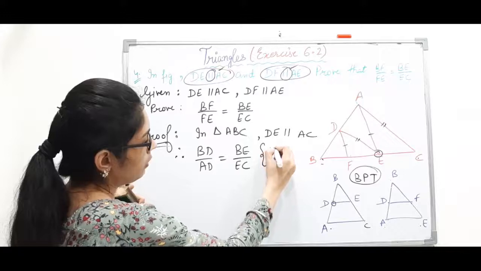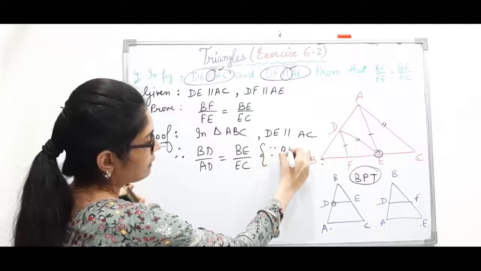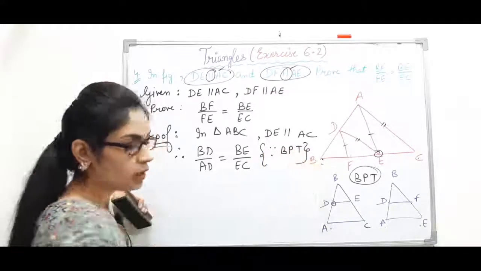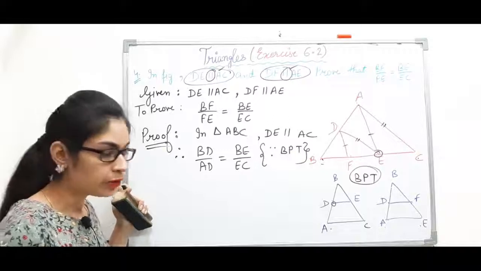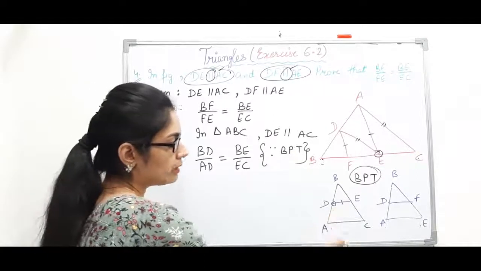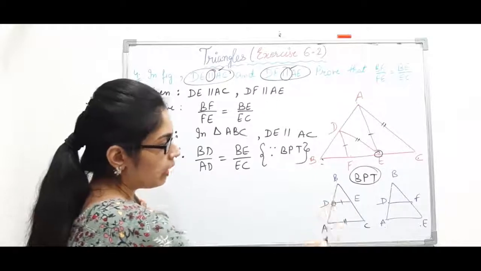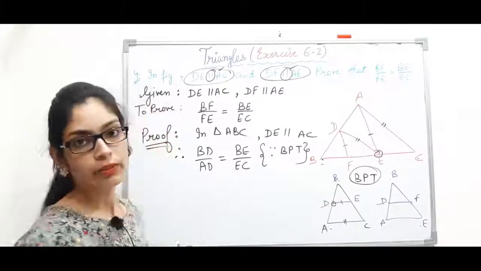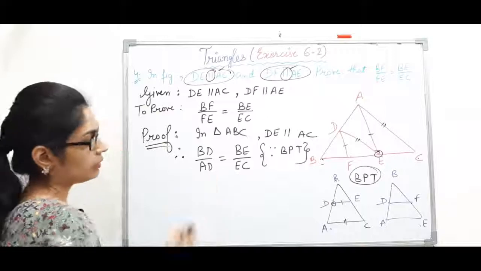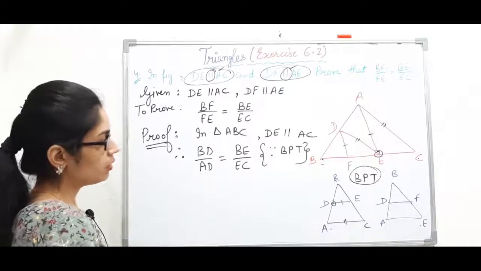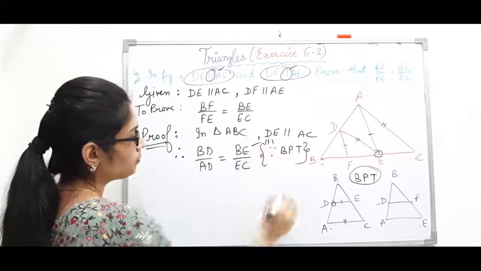Why are they equal? Because of the basic proportionality theorem. In the basic proportionality theorem, if this line is parallel to this, then this line will divide the other two sides of the triangle in the same ratio. So that's what we have written. So let's mark it point 1.